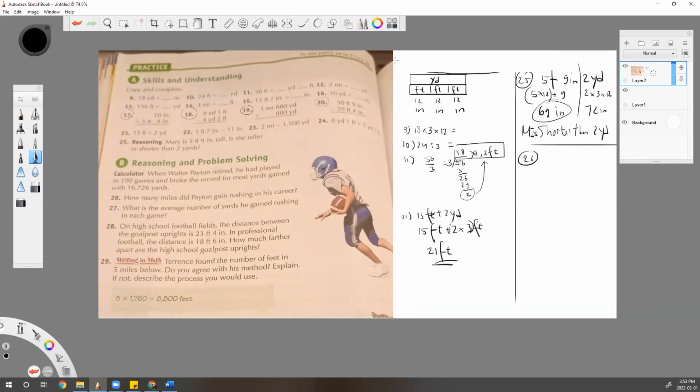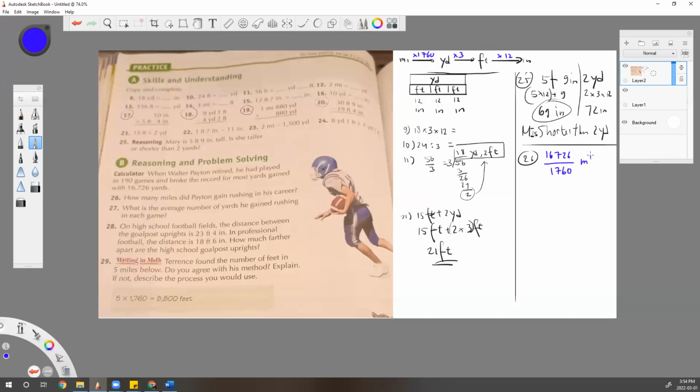There you go. So from mile to yard to feet and to inches, you multiply by 1,760 times 3 times 12. So for number 26, from yard to miles, you divide 16,726 over 1,760, right?